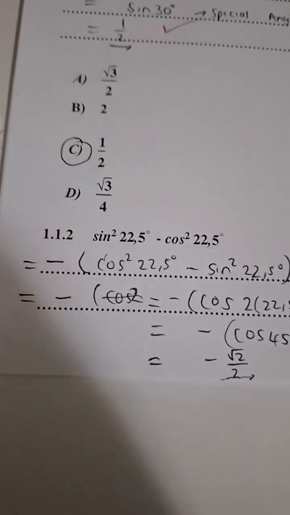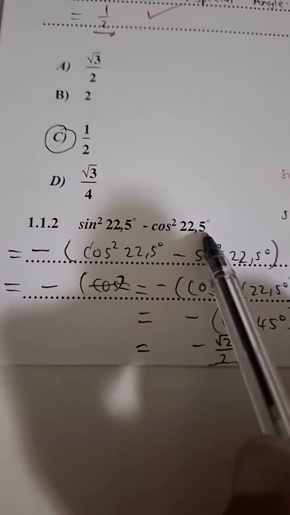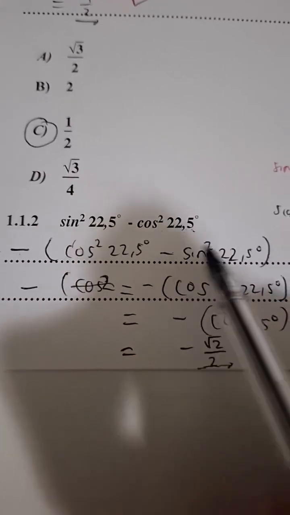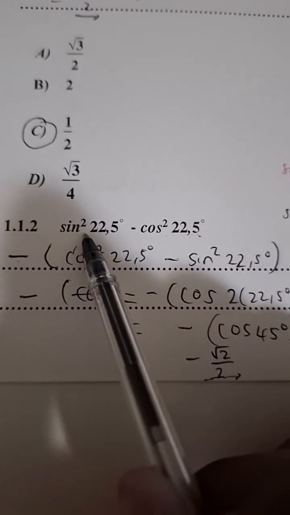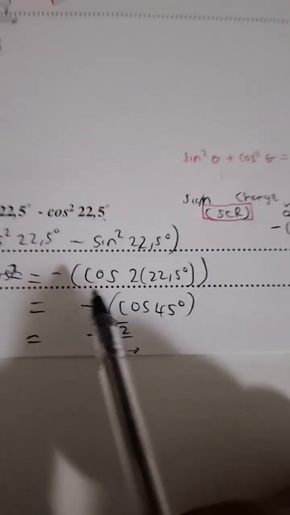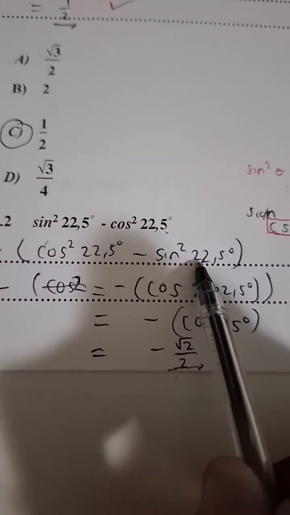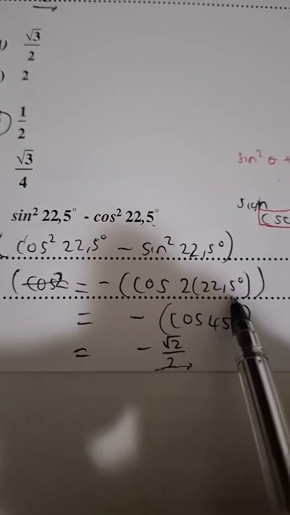If I take this negative sign and I redistribute negative times, that gives me back the negative cos squared 22,5. Negative times negative sine squared 22,5 gives me back the positive sine squared 22,5. Then this is my double angle expansion for cos. So it's cos 2 times the angle 22,5.